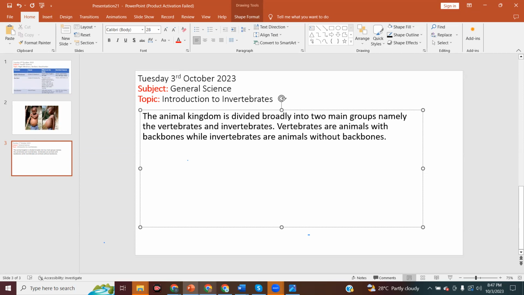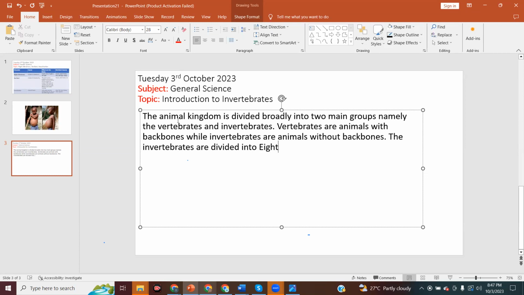Now, the invertebrates are divided into how many phyla? How many did we say?